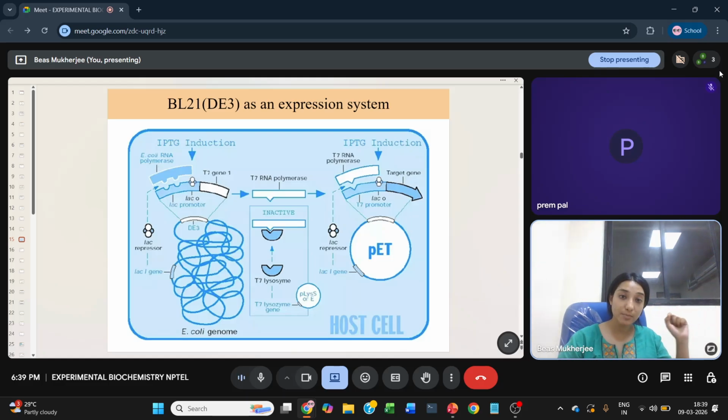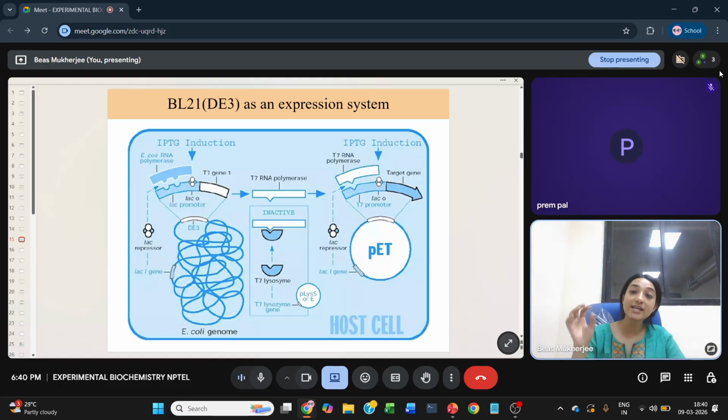But that is toxic for the bacteria because this can be a toxic protein and it will kill the bacteria. To prevent that, there is this other plasmid which is pLysS or E, and it produces this proteolytic enzyme or protein, and it goes and binds to this T7 RNA polymerase produced in small quantity and inactivates it.